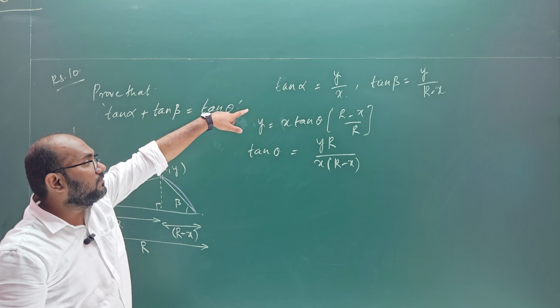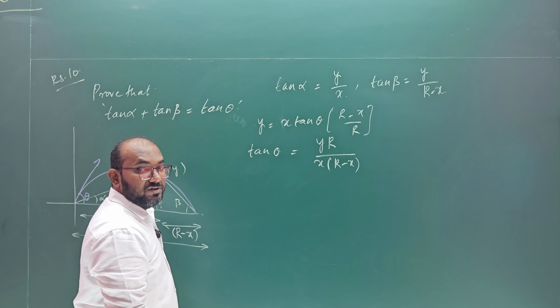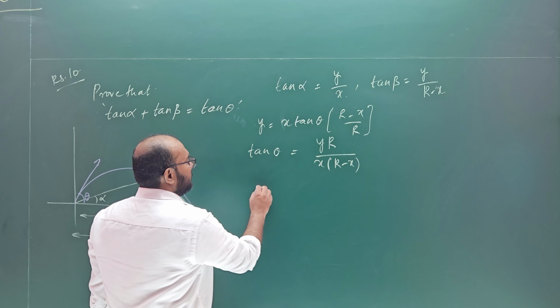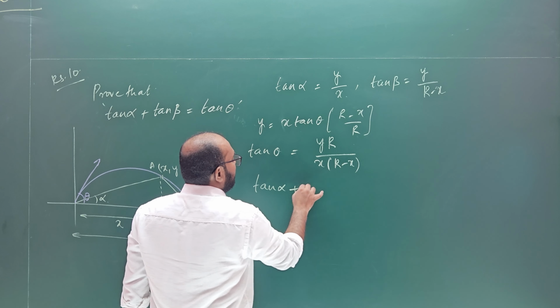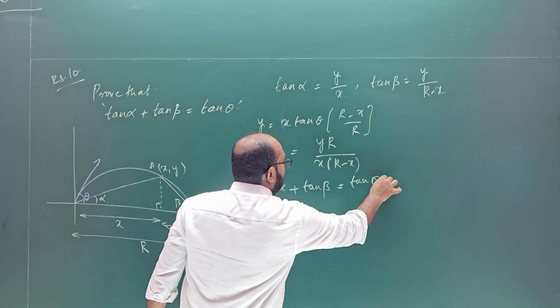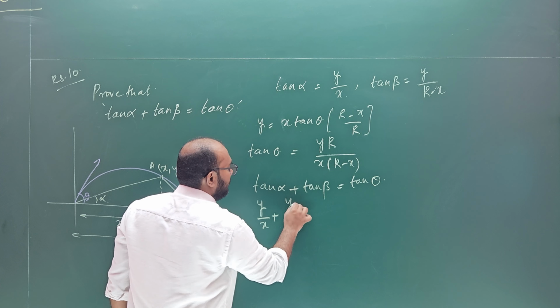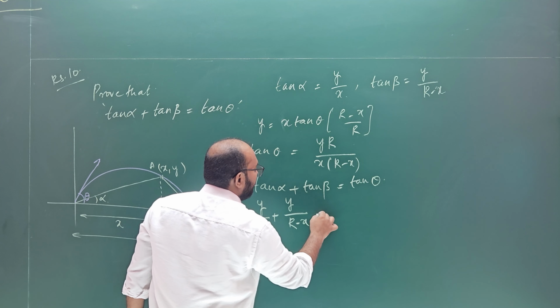Then adding those two equations will give this one. If it is yes, then hence proved. So tan of alpha plus tan of beta should be equal to what? Tan of theta. So y upon x plus y upon R minus x.